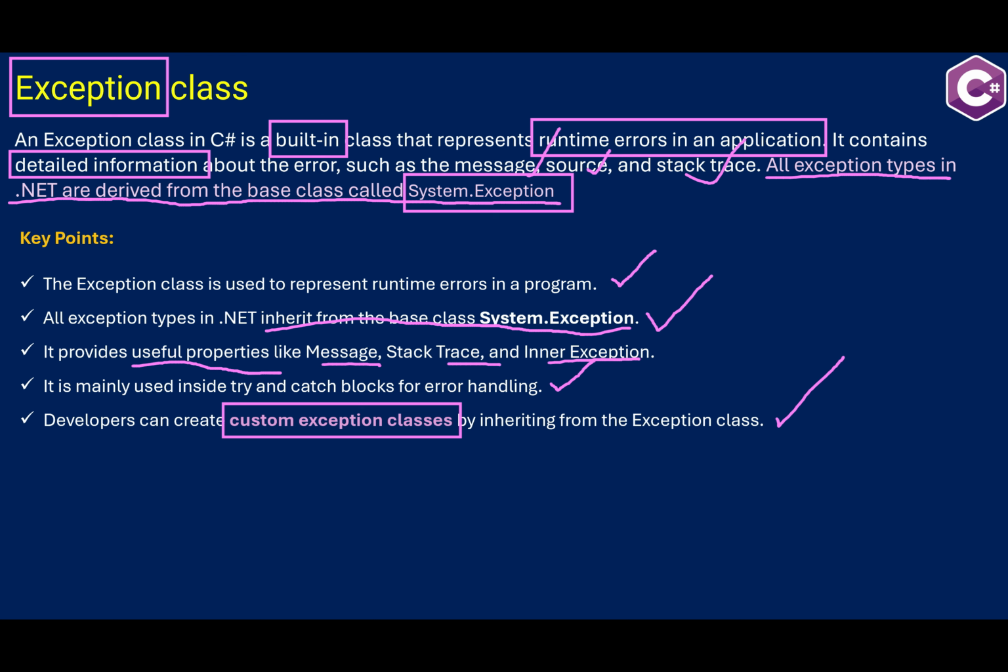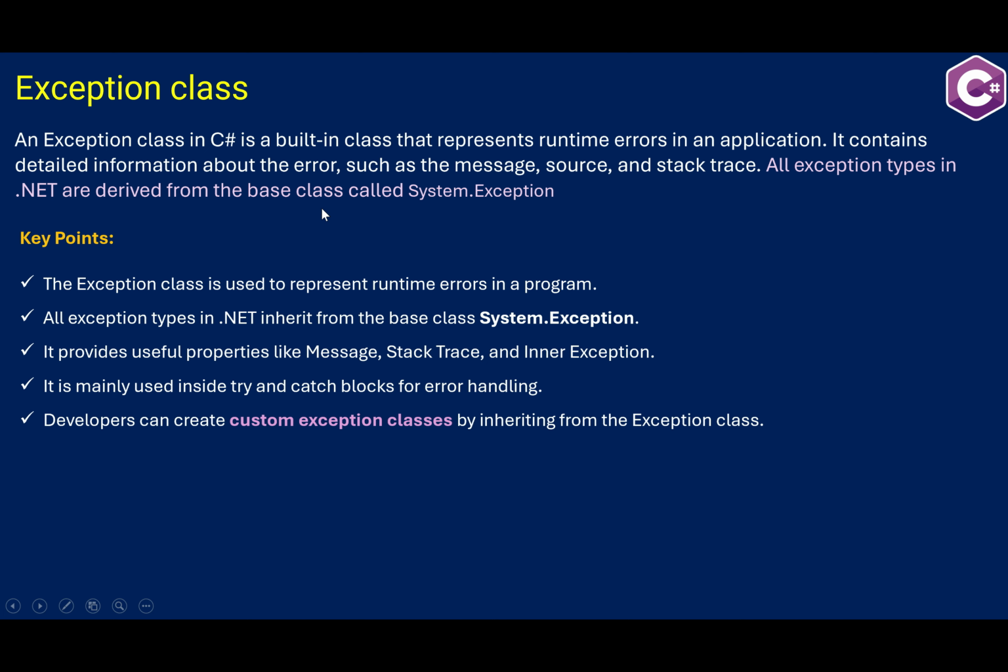I mean, in future, if you want to prepare your own custom exception class, you can use this Exception class as the base class. We will prepare custom exception classes in the coming sessions. As of now, just try to understand the importance of this Exception class.